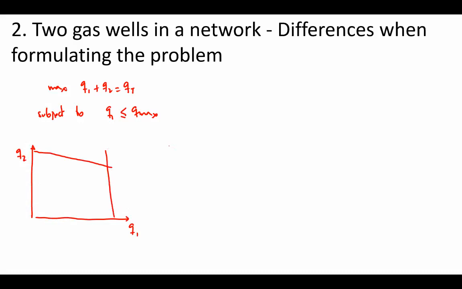So this can be expressed as Q2 equals Q2 0 minus A times Q1.